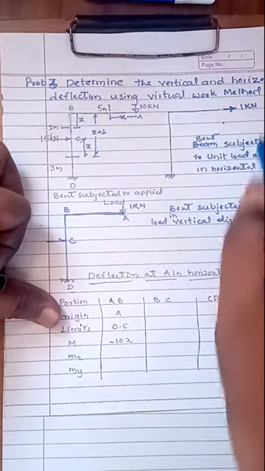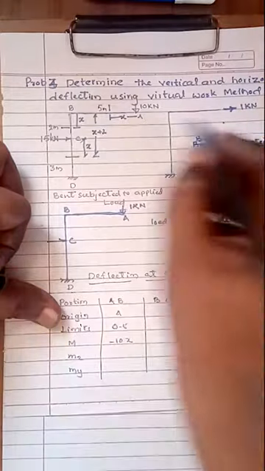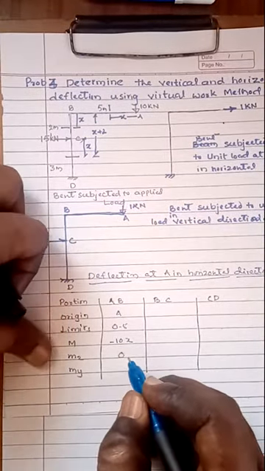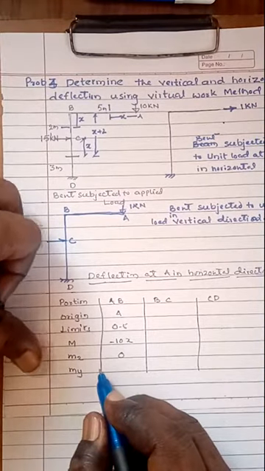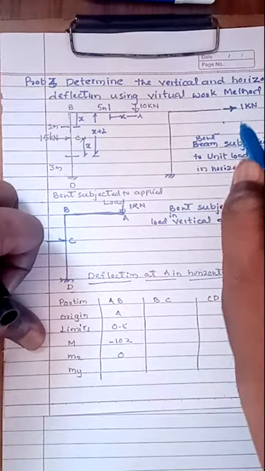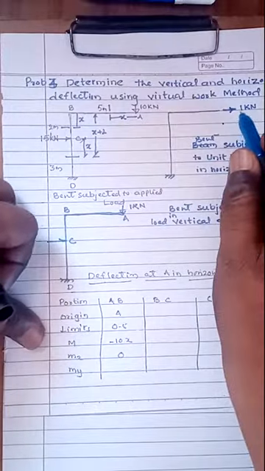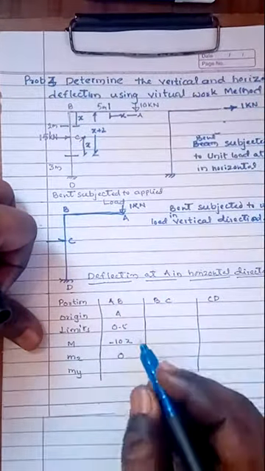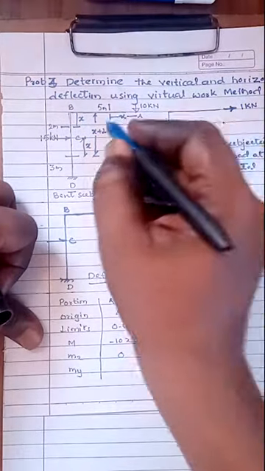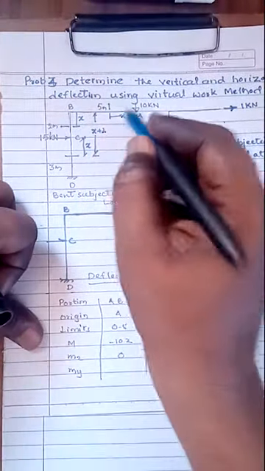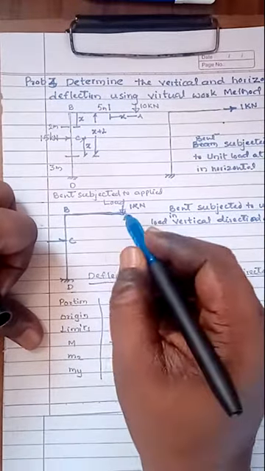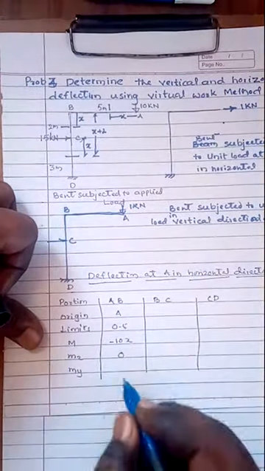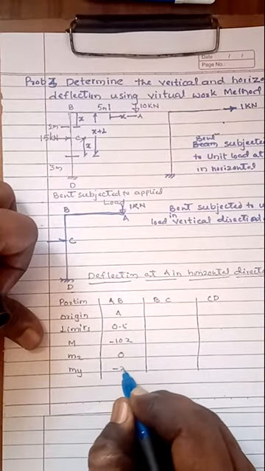Then the bending moment due to the unit load in the horizontal direction: the perpendicular distance is 0, hence mx is 0. In portion AB, the bending moment due to the vertical unit load is minus 1 into x, hence minus x.